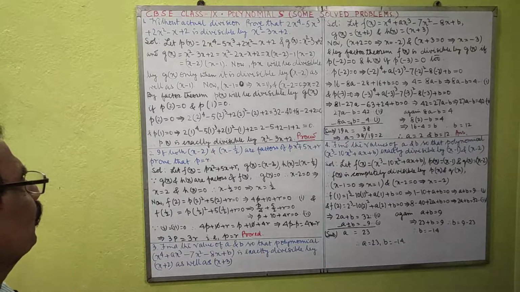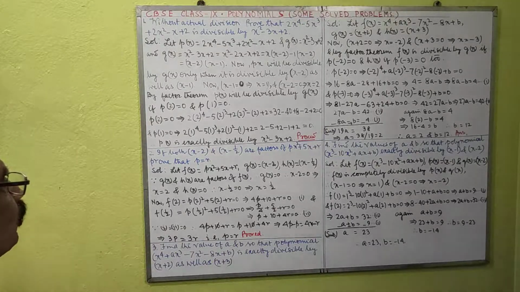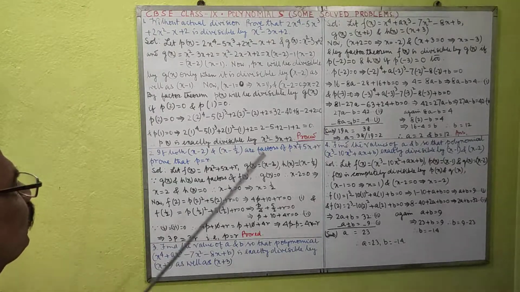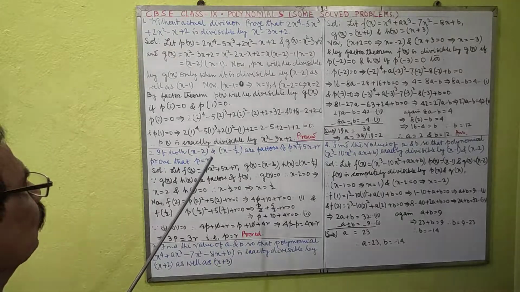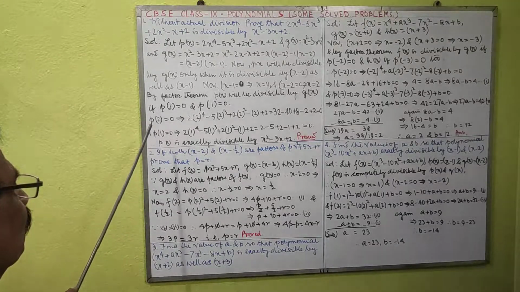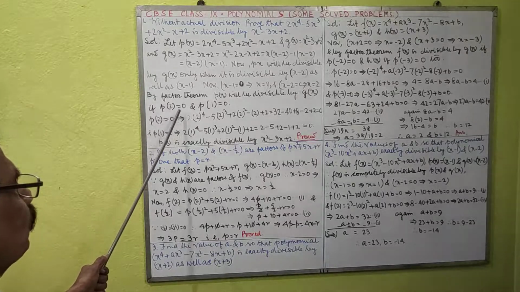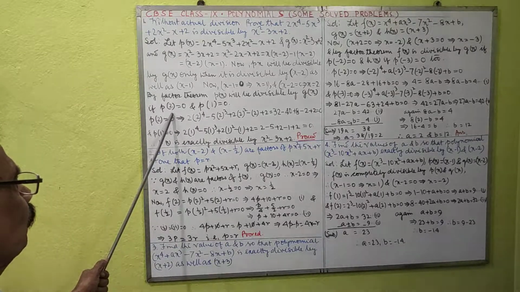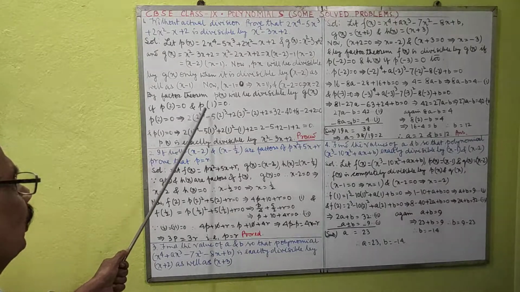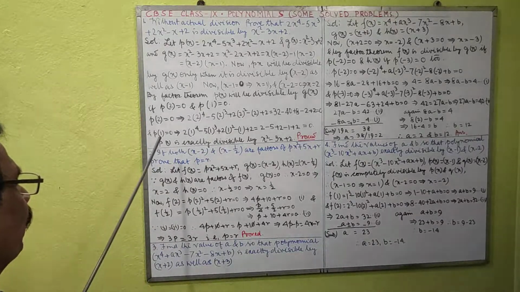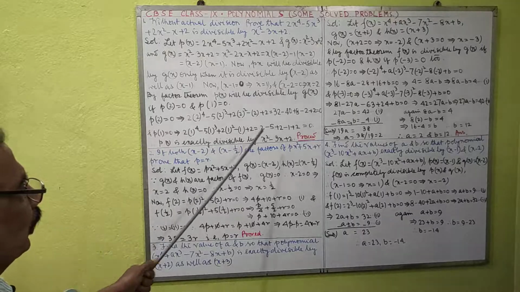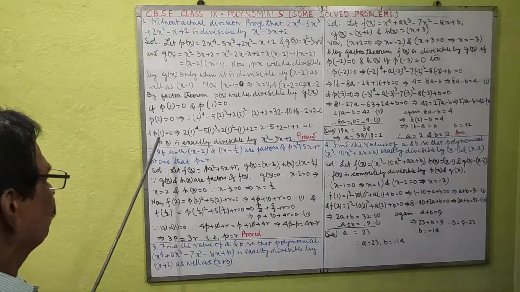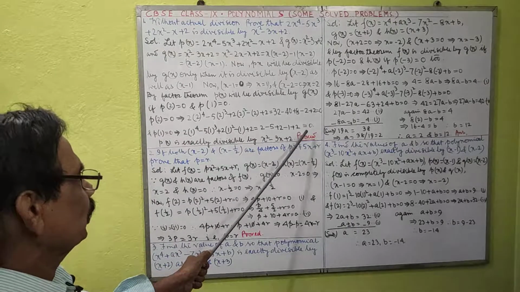By factor theorem it is known that p(x) will be divisible by this g(x), that is x − 2 and x − 1, if p(2) = 0 and p(1) = 0.